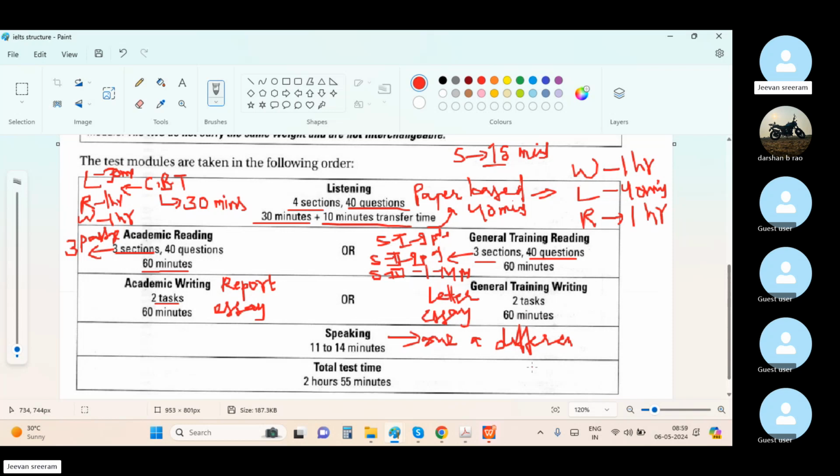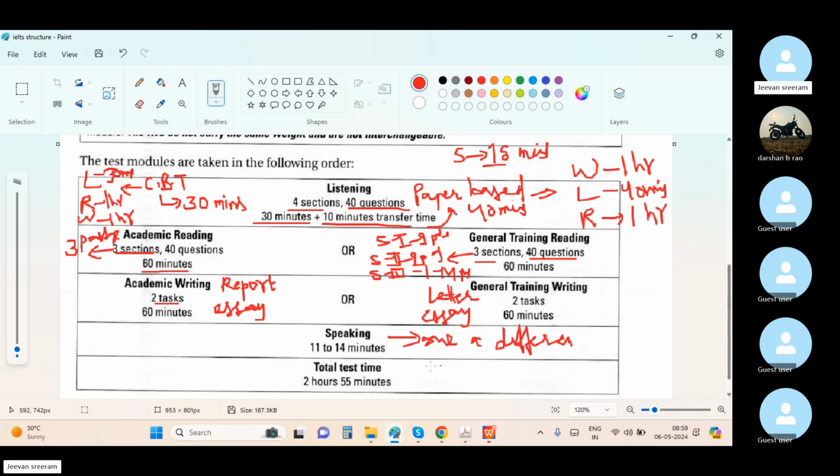There are still some students giving the computer-based test who have got speaking on a different day, but most of the students are saying that they have got speaking on the same day. So if they booked listening, reading, writing in the afternoon, the speaking is going to be in the morning session, something of that sort.